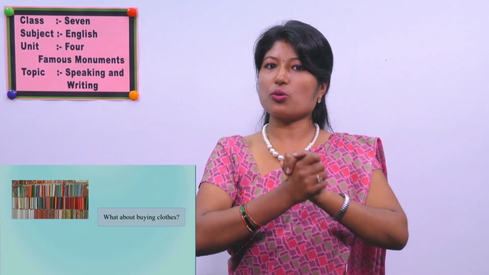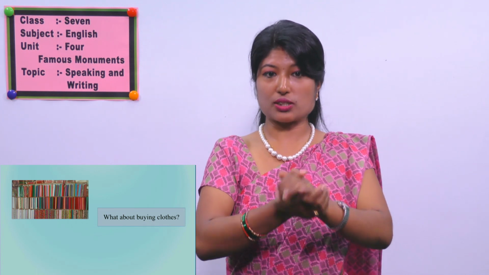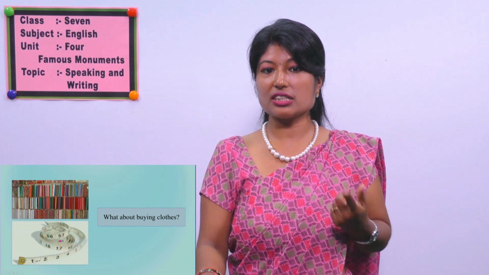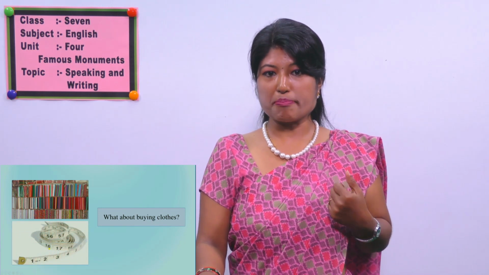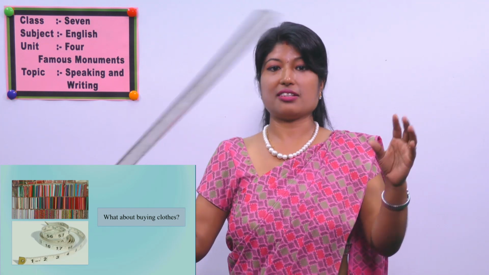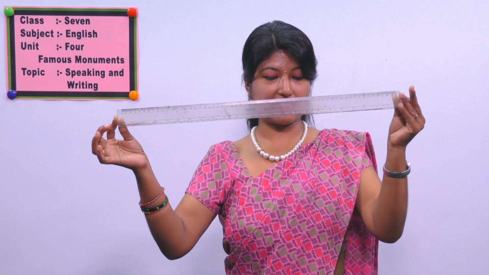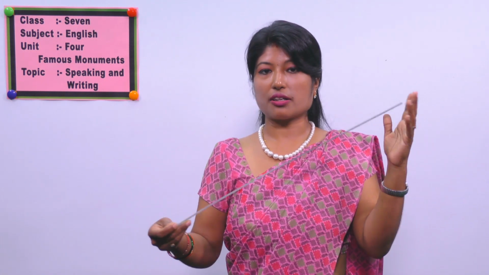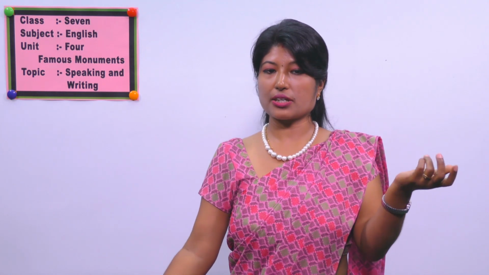So when we go to buy clothes like this, we see such a measuring tape, right? Measuring tape or maybe a scale. Okay, here's the scale. So in some shops they use a scale, or some use this kind of measuring tape.